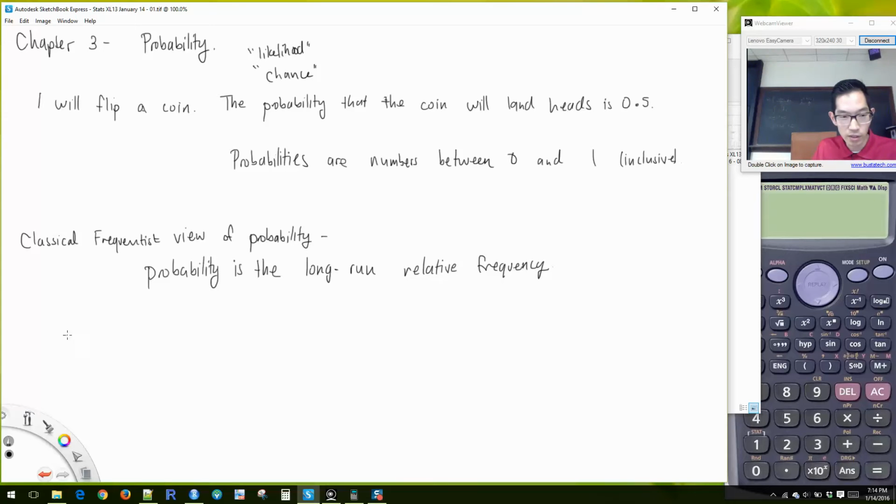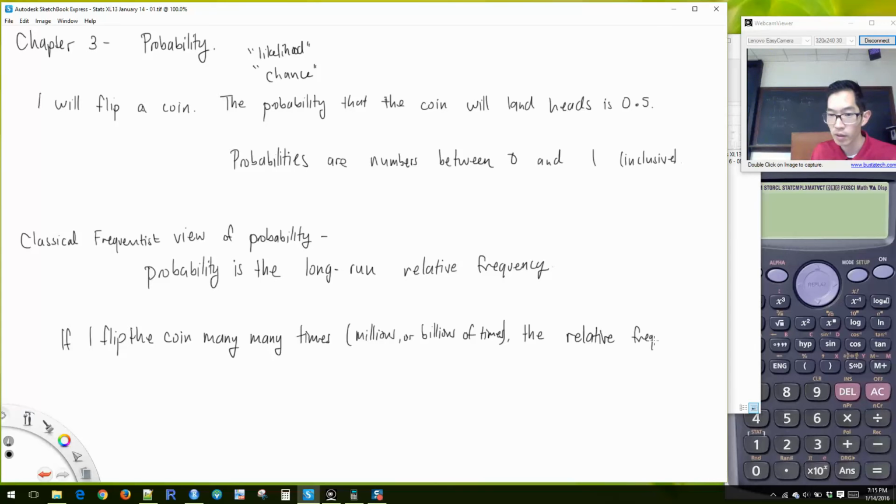Okay, so then the idea is, if I flip the coin millions or billions of times, the relative frequency of heads should be very close to 0.5, okay?